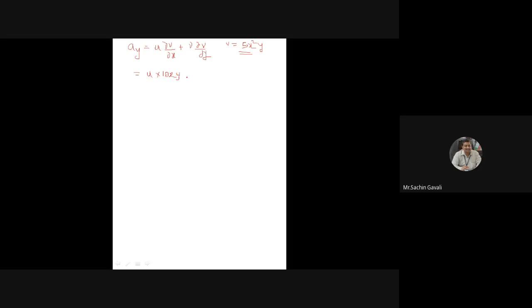U into 10xy plus v into dou v by dou y. Dou v by dou y means we have to differentiate with respect to y, so 5x square. If I am getting it wrong, just tell me. Am I right?